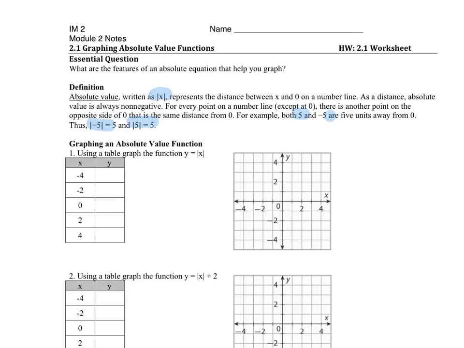So negative 4 comes out to be 4. Negative 2 comes out to be positive 2. 0 is 0. 2 is positive 2 still, and 4 becomes 4. So then we see how those work out.